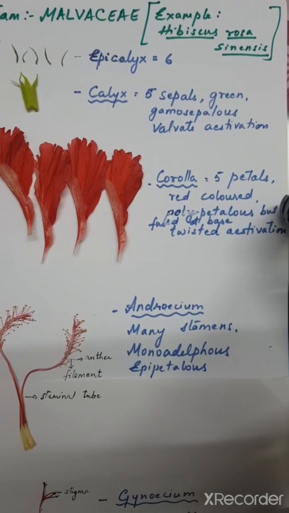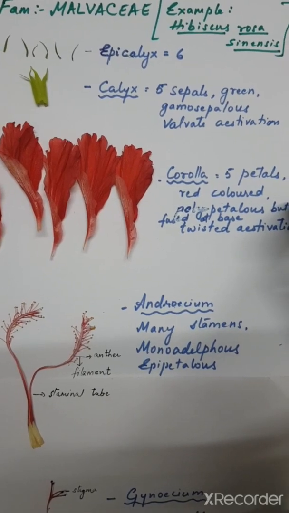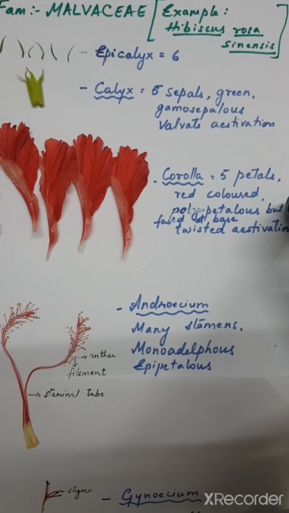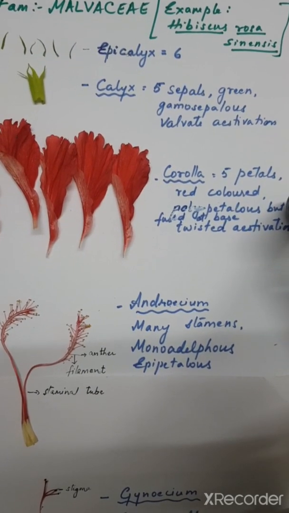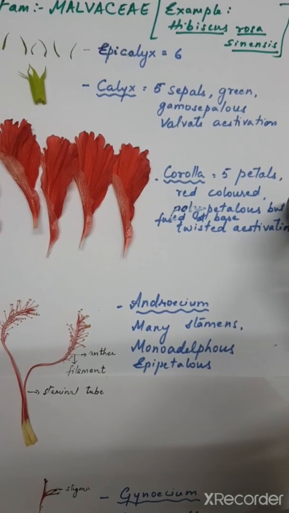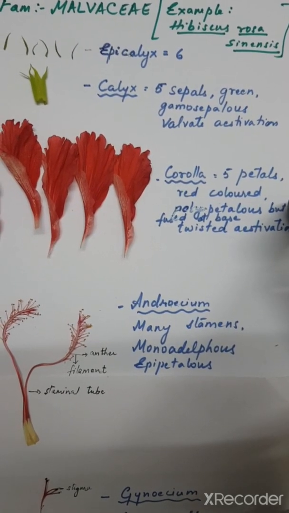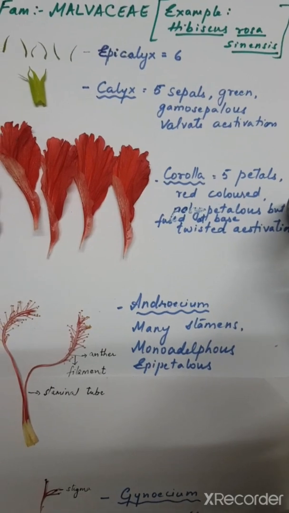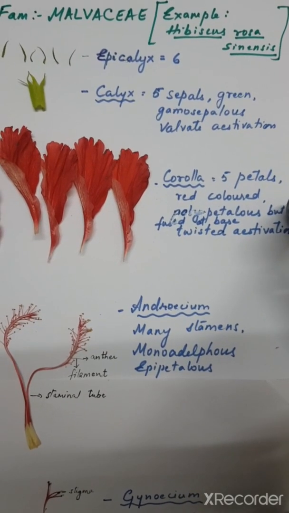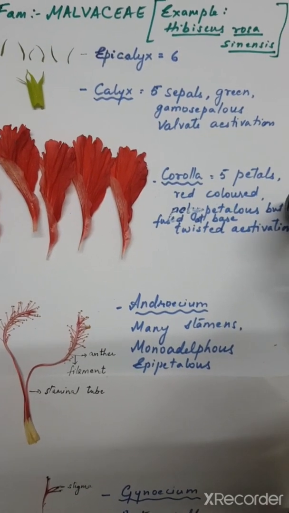Epicalyx we studied. There were 6 of them, so you can see 6 of them are there. These are the epicalyx. Next, inner to that is the whorl of calyx, which includes 5 sepals. They are green in color and they are united, so gamosepalous, and the aestivation is valvate.